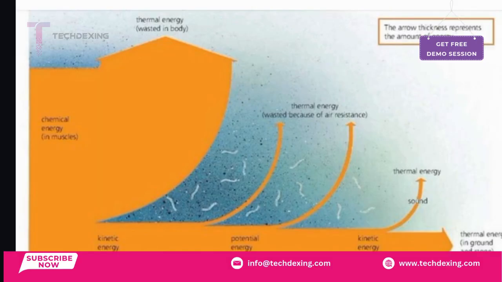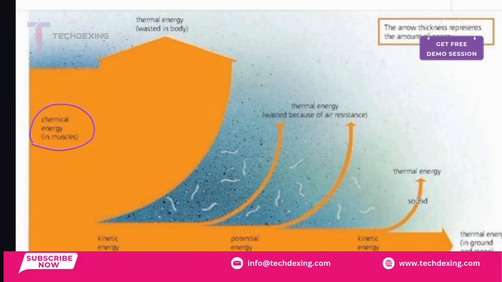Okay, so this is the diagram which we studied in the previous lesson. Basically, this diagram tells you that whenever one form of energy is converted into another form of energy, just like we can see here, we have chemical energy in our muscles.